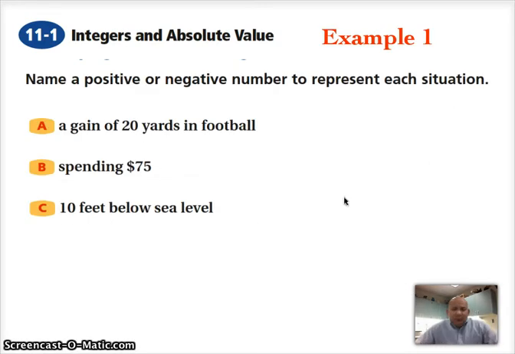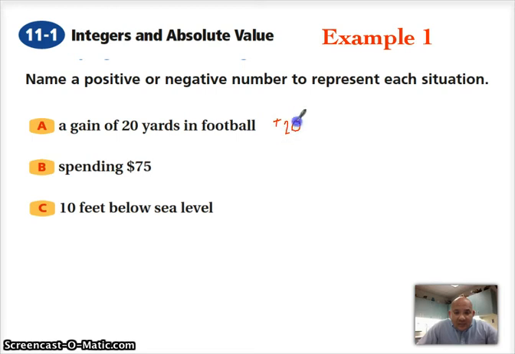For our first example, we're going to name positive or negative numbers to represent each situation. Here in A, a gain of 20 yards in football. Well, if we're gaining or increasing, that implies a positive number.